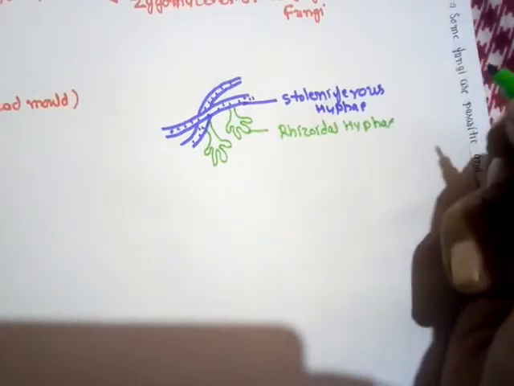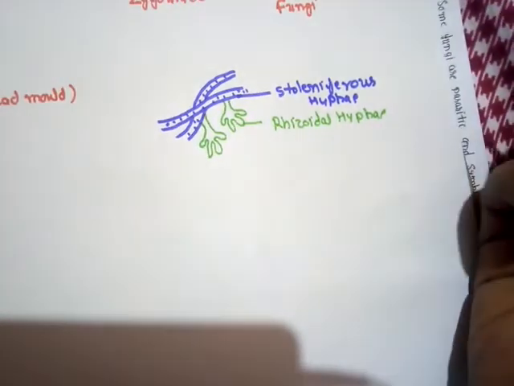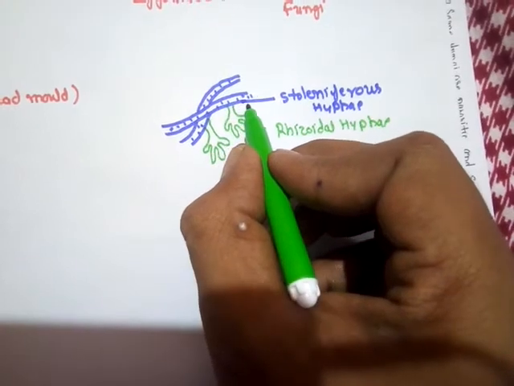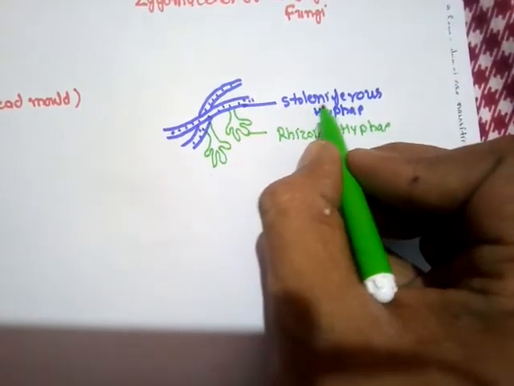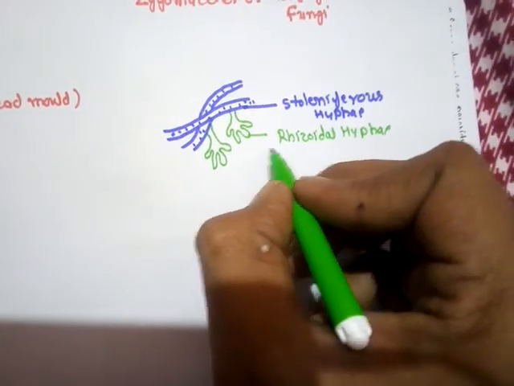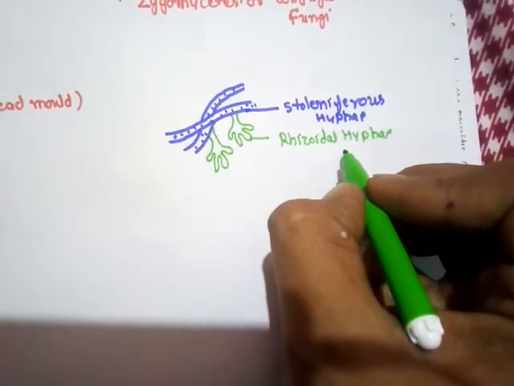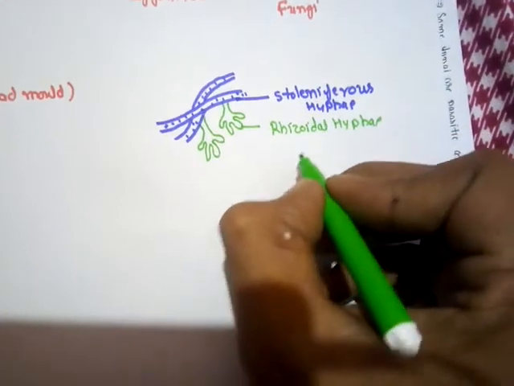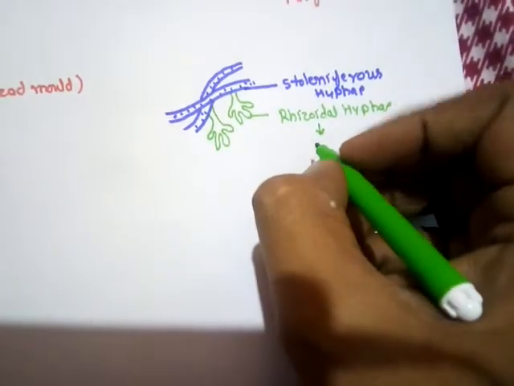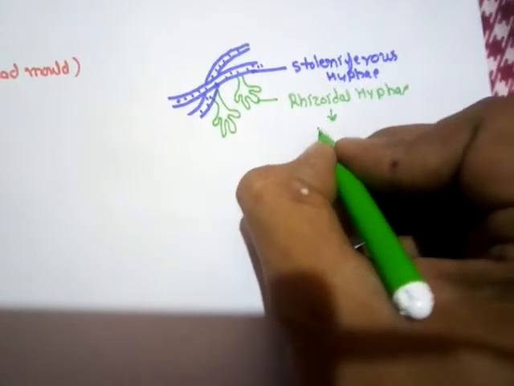So in the vegetative structure of Rhizopus stolonifer, there are two kinds of hyphae. The hyphae that grow over the surface of the substratum are known as stoloniferous hyphae, and the hyphae that grow inside the substratum like roots are the rhizoidal hyphae. Actually, these rhizoidal hyphae secrete a substance known as diastatic substance.